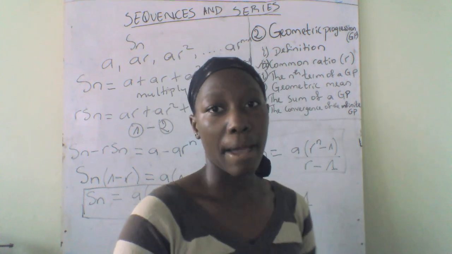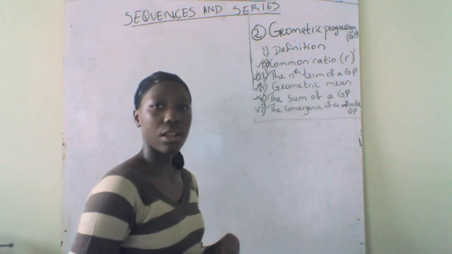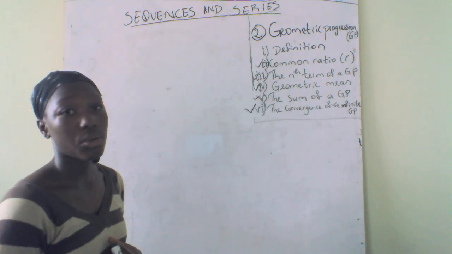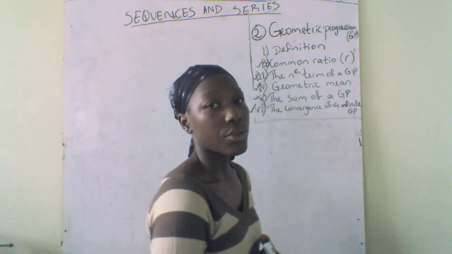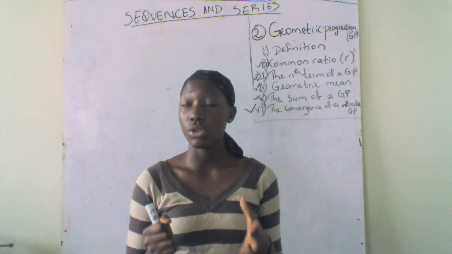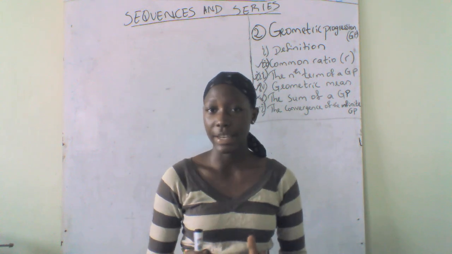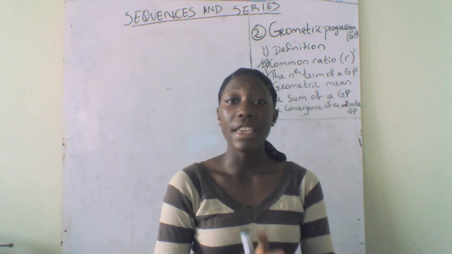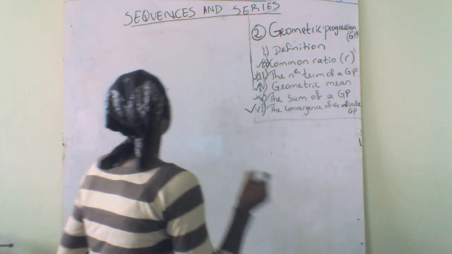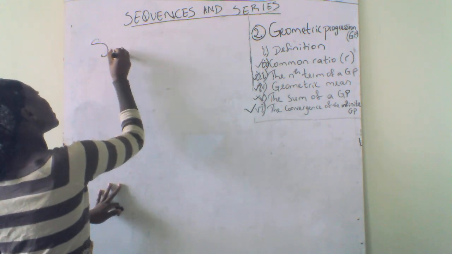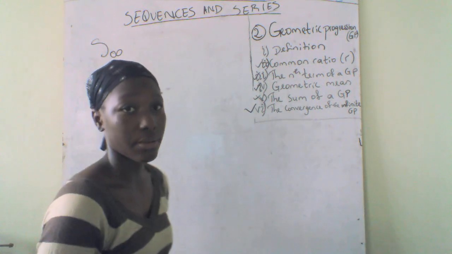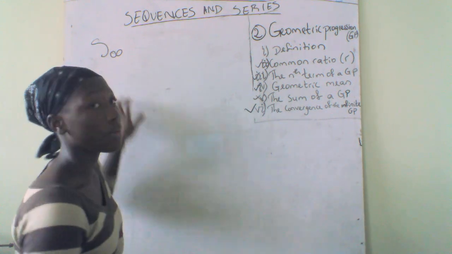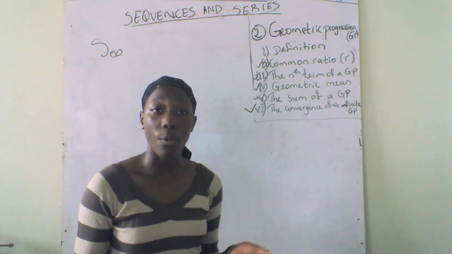Now let's finally look at the convergence of the infinite geometric progression. When we say a geometric progression is convergent, we mean it's an infinite geometric progression having a sum, and that sum is referred to as the sum to infinity. When an infinite geometric progression has a sum to infinity, then it is said to converge.